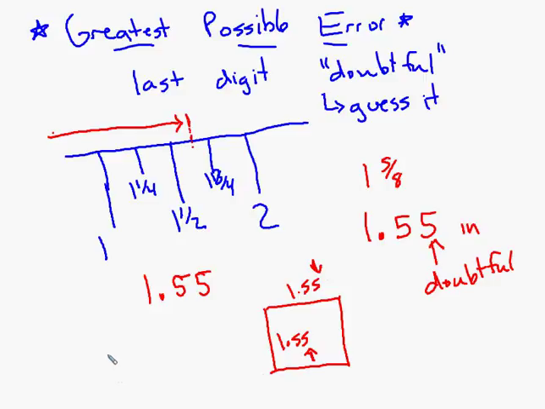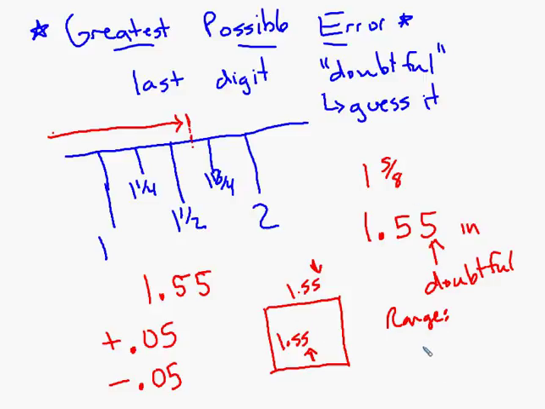So maybe I'm off. It could be 0.05 more, or it could be 0.05 less than what I actually read. So what I want to find is the range of values that this actually could be.